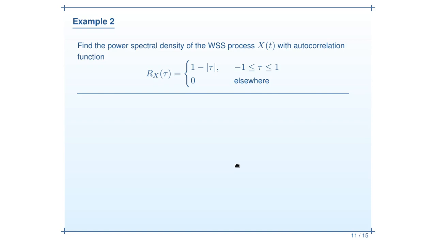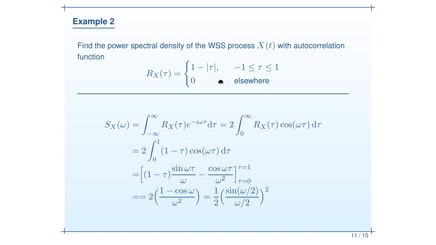Now let us look at another random process having autocorrelation function, the triangular function. Then the power spectral density, it is very straightforward to calculate. We have this formula which reduces to this formula without the imaginary part.